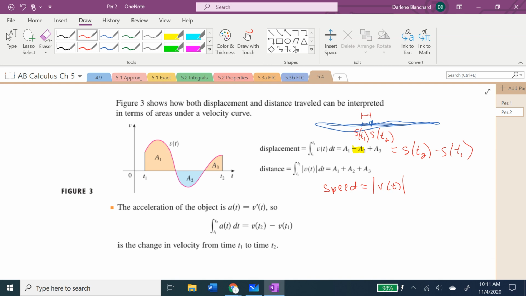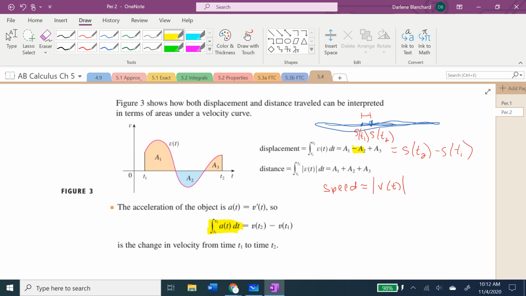And if you read on with all the things that are said here, I'll also add in this. If you integrate acceleration over a time period, you will get a change in your velocity over that time.